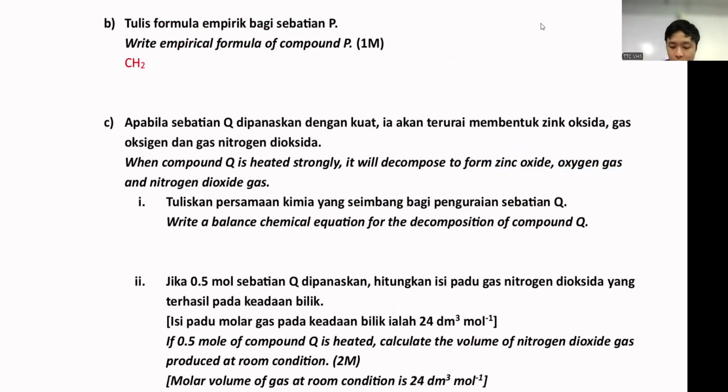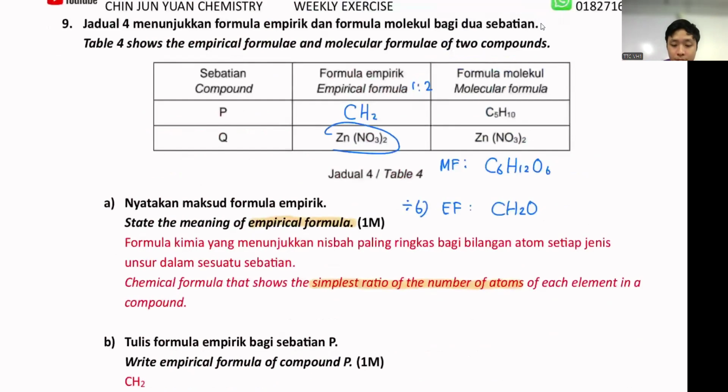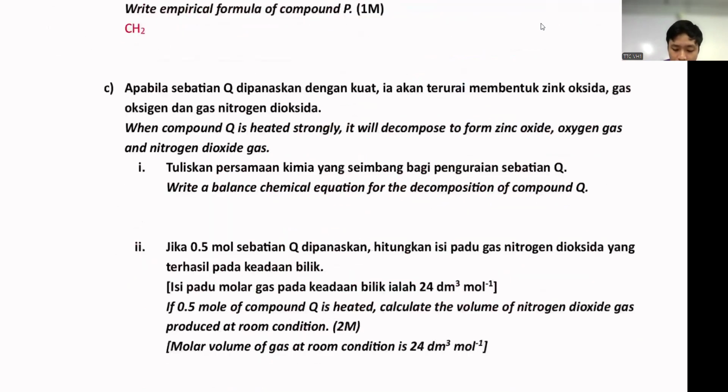So let's write. Compound Q is zinc nitrate, so you write Zn(NO3)2. After heating, we can even write the symbol like this, a triangle below the arrow, just to show that it is heated. No need also can. Then you will get ZnO, zinc oxide, nitrogen dioxide, NO2.